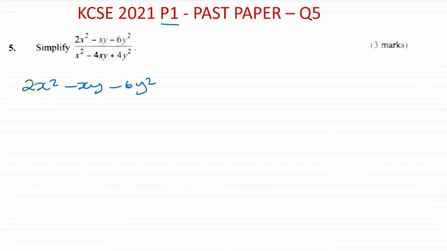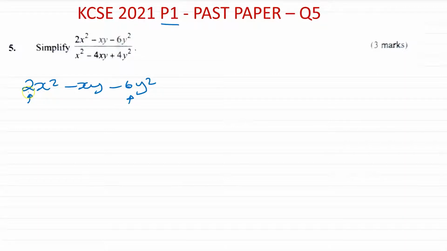Now my method: I use the constant for x squared, which is 2 in this case, and the constant at the end, which is y squared. So I have these two numbers.